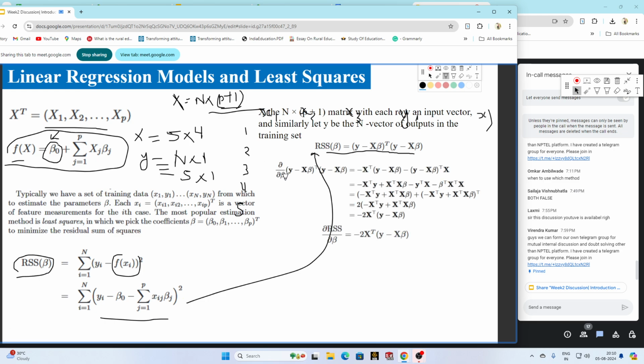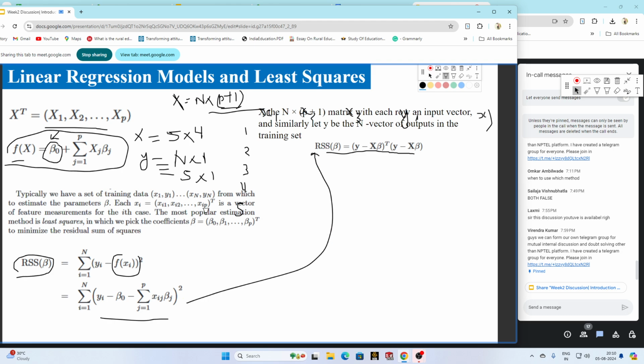Now your question is how we can say our model is the best fit model. We can say our model is the best fit model when our RSS, the residual sum of squares error, is minimum.